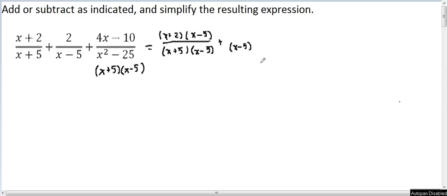Then we're going to start with the denominator we originally had, x minus 5, then multiply that by x plus 5. Then we're going to multiply the numerator by that same expression, x plus 5. And for now, we're going to leave the third fraction alone.